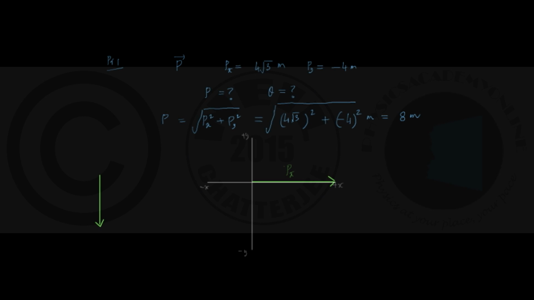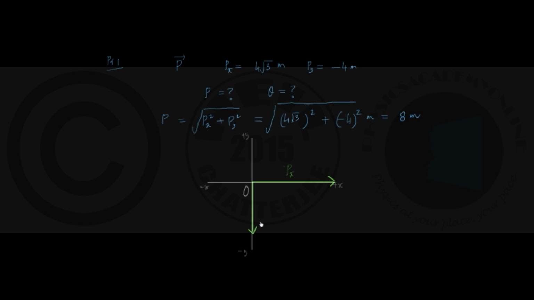So here I go and take my py. Since it's minus 4 meters, I take it in the minus y direction. Both have their tails meeting at the origin. So this was the origin of the coordinate system. Px pointing to the right along plus x direction, py pointing downwards in minus y direction.